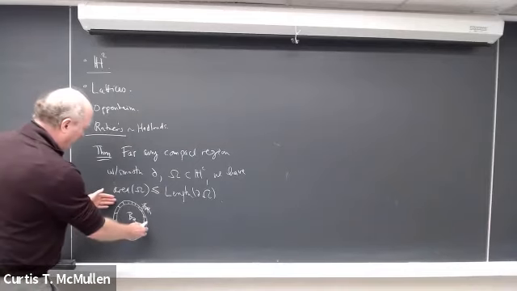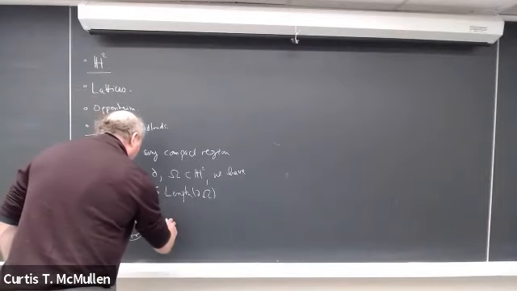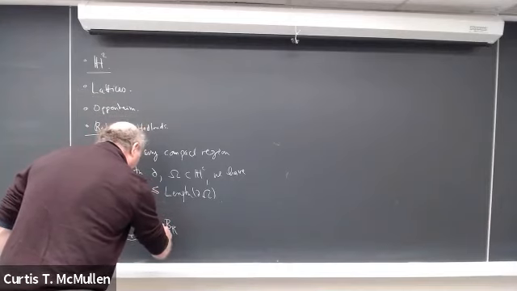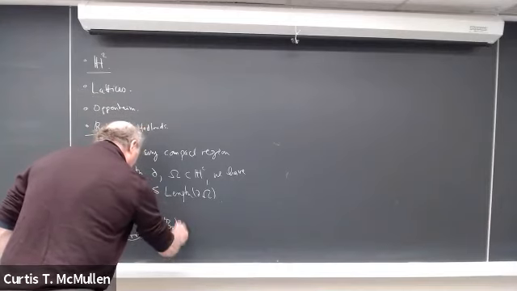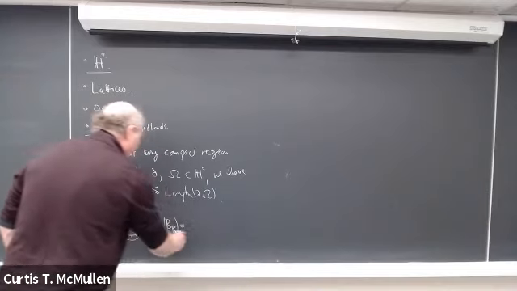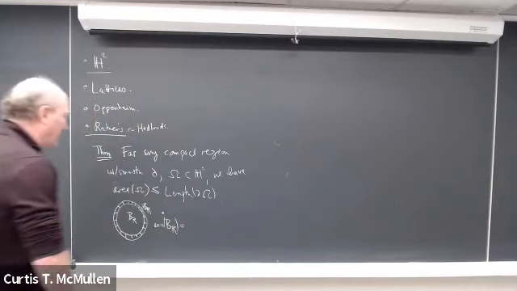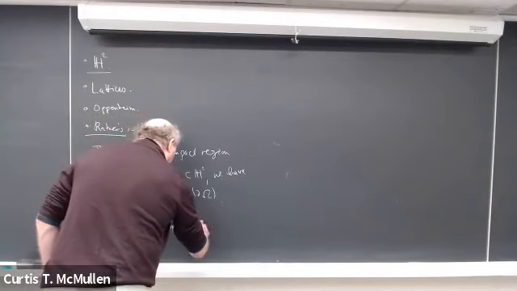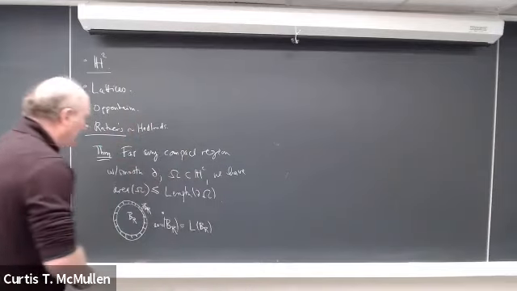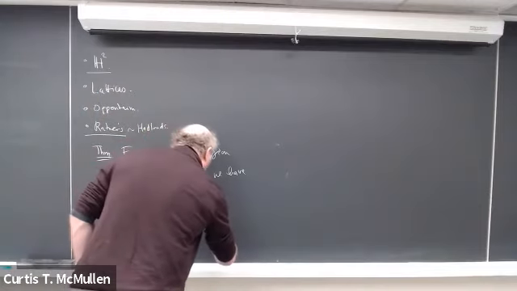And what this inequality is telling us is that the rate of change of the area of the ball, that is the derivative of this with respect to r, so I'll put a dot there for the rate of change, is equal to the length of the boundary of the ball. But the length of the boundary by this inequality is greater than or equal to the area.